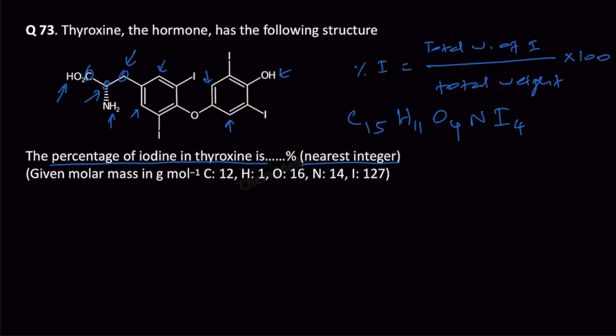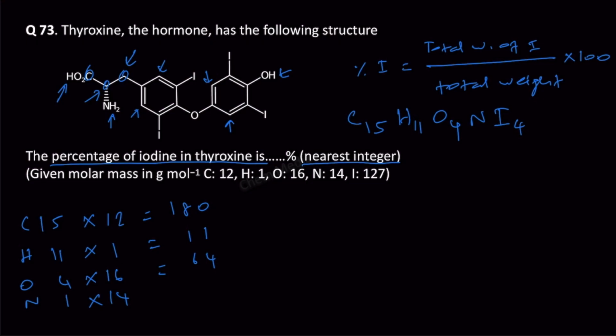Let's figure out the molar mass. Therefore, 15 times 12, that is 180. And then next, hydrogen, we have 11 of them. So 11 times 1, 11. And then oxygen, we have 4 of them times 16, and that is equal to 64. And then nitrogen, there is 1 nitrogen, so 1 times 14, so therefore 14.